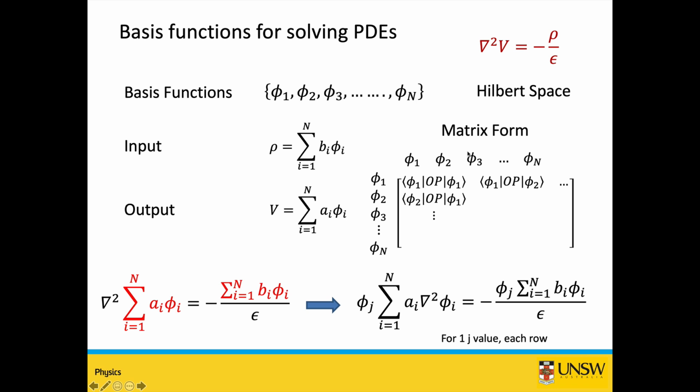But the point is that you can represent either the left-hand or the right-hand side with a matrix like this, for example. That represents the matrix element between any two basis functions. And this matrix is of size n by n, because your basis set has n vectors.